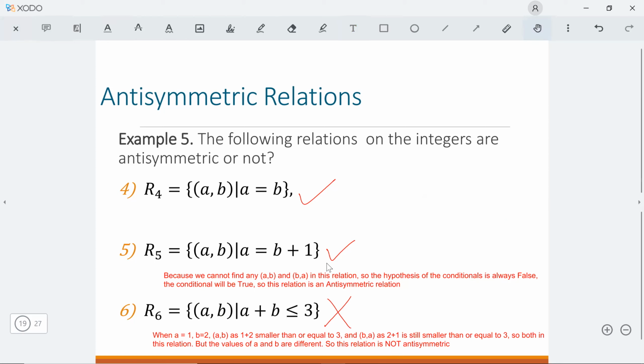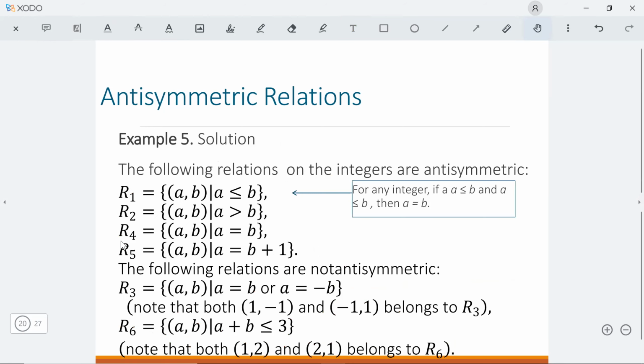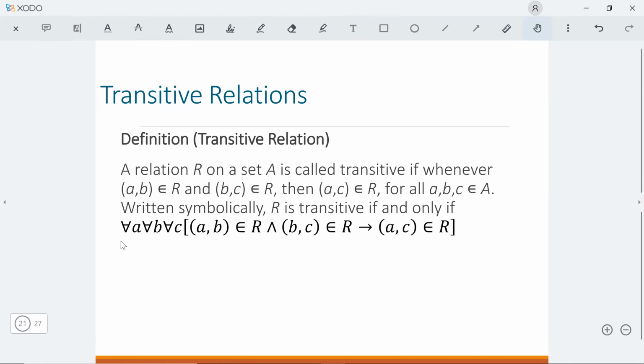Okay, so then let's move to the next topic. The next topic is the last special relation we want to introduce in this lecture: the transitive relation.